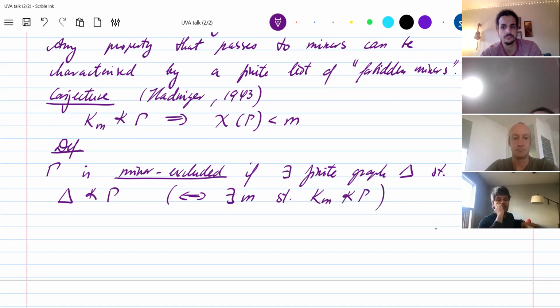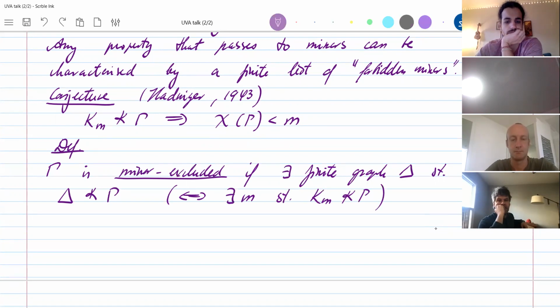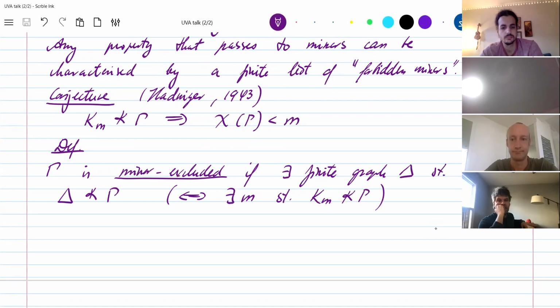This is because, obviously, if there is such an m, then we have some finite graph that doesn't appear as a minor of gamma. And conversely, since any finite graph is a subgraph of K_m for large enough m, we get the opposite implication as well.